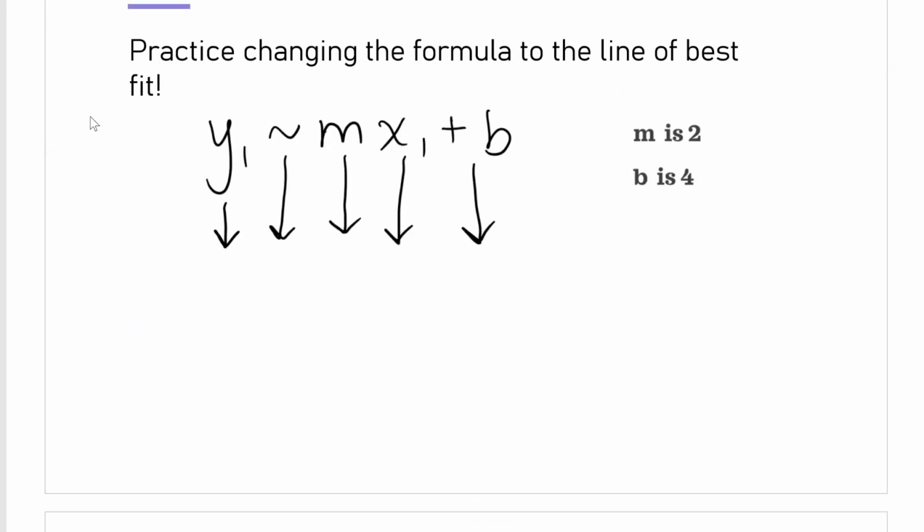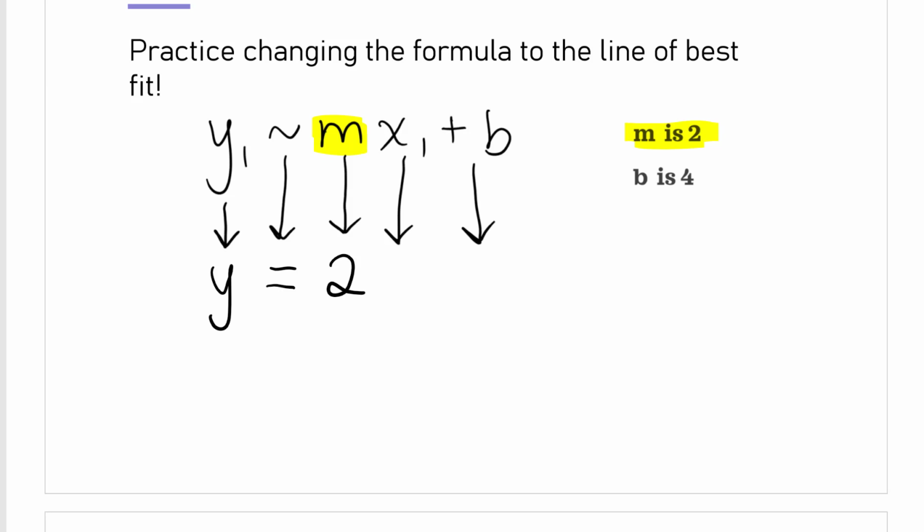Now we're going to practice changing the formula to the line of best fit. Estamos practicando cambiando la fórmula para la línea de mejor ajuste. So, there are 5 components, or 5 parts. We need to change each part. Y1 is now Y. Squiggly is now equals. M is 2.